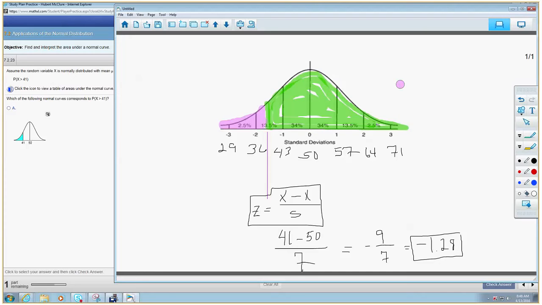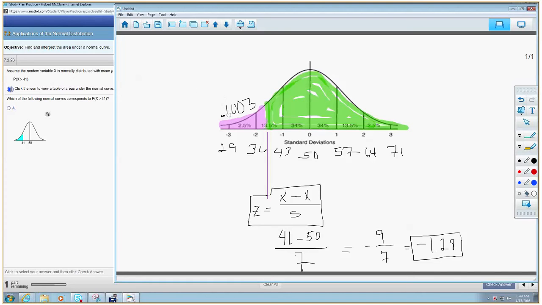So just for giggles, somebody look up the table. It's 0.1003. And that's the left-hand side. So now we're going to take 1 away from that.